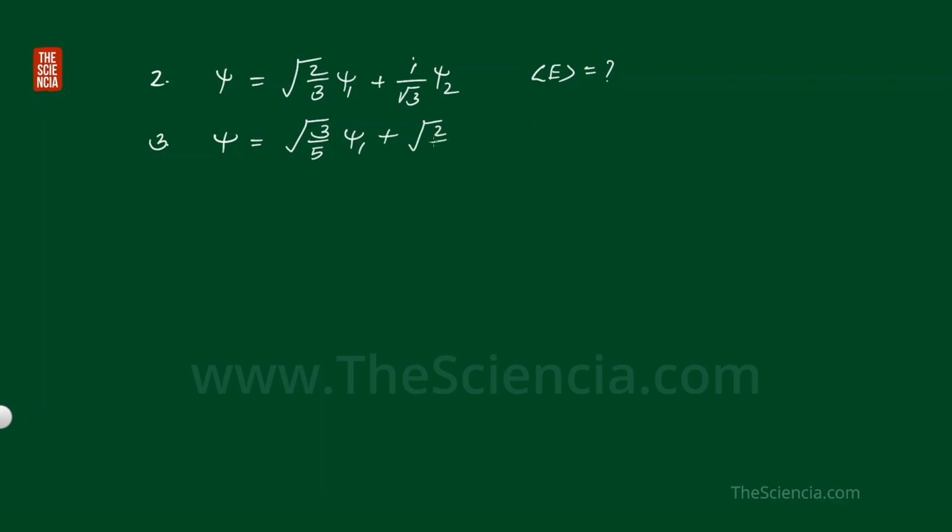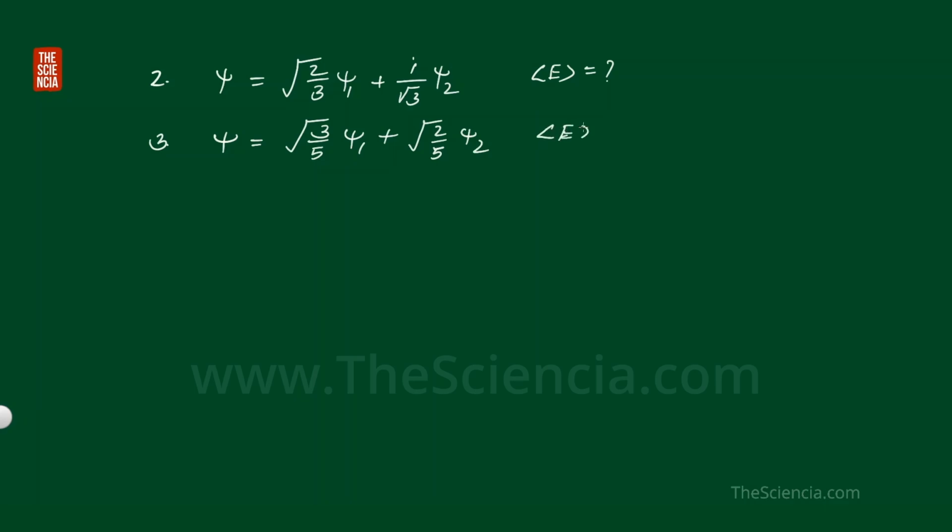Now the second question. Earlier we gave the condition for E1 and E2, so it is a continuation of that same question. The second one is psi equal to root 2 by 3 psi 1 plus i by root 3 psi 2. Find average E. The third question: psi is equal to root 3 by 5 psi 1 plus root 2 by 5 psi 2.